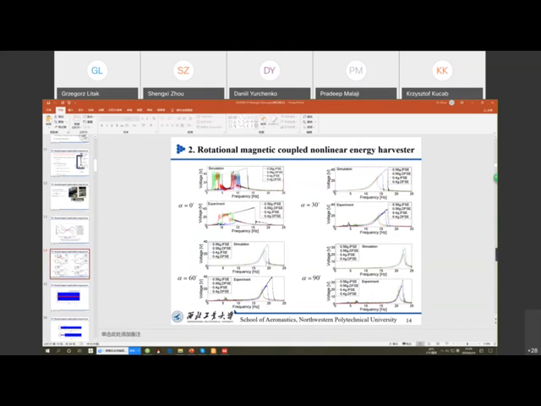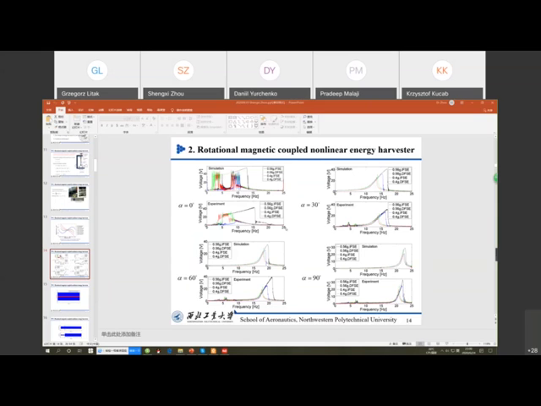Broadband means the frequency range of excitation is very broad, for example, from 1 Hertz to 25 Hertz. In past experiments we considered this, and like you said, random excitation is also broadband, but I didn't do experiments under random excitation.